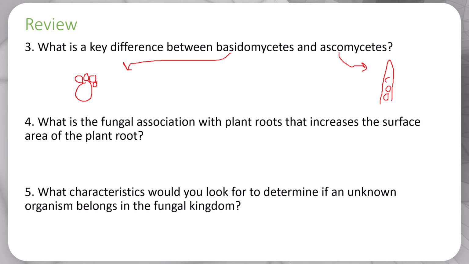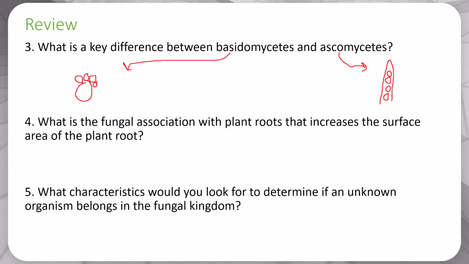Okay, the drawing gets a little challenging here. My spore number is inaccurate, but the general diagram is decent. So basidiomycetes are club fungi, that's their common name, and ascomycetes are sac fungi.